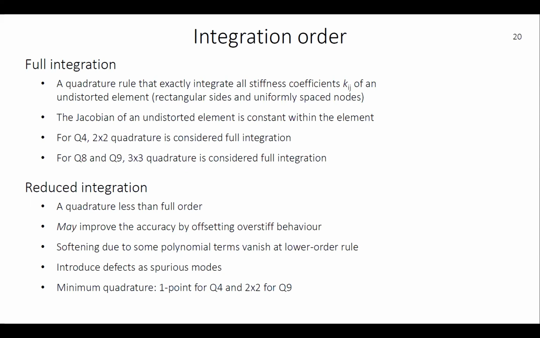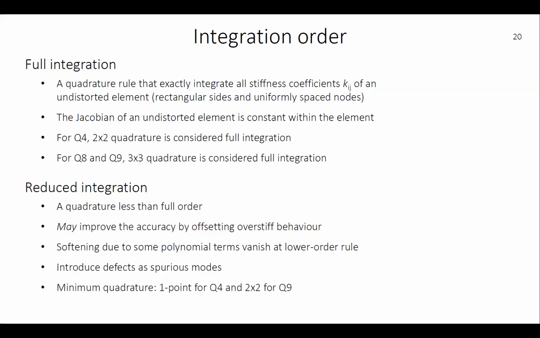This may improve the accuracy of the elements by offsetting overstiff behavior. You may also have softening because some polynomial terms vanish at a lower order rule.